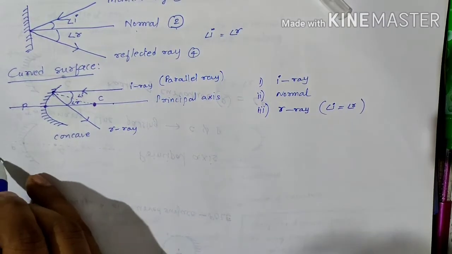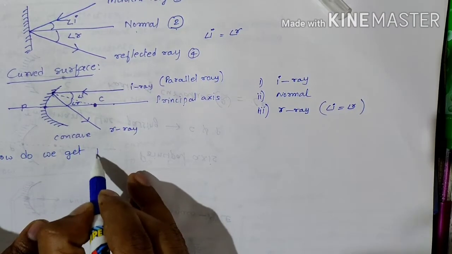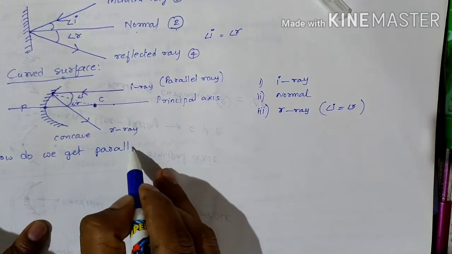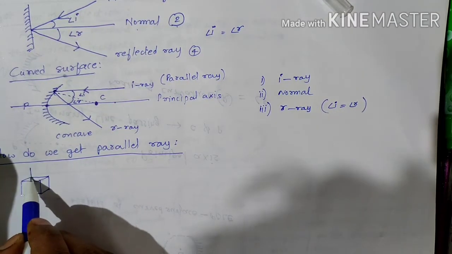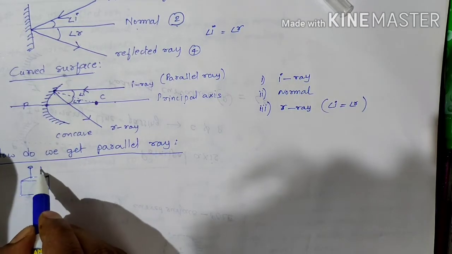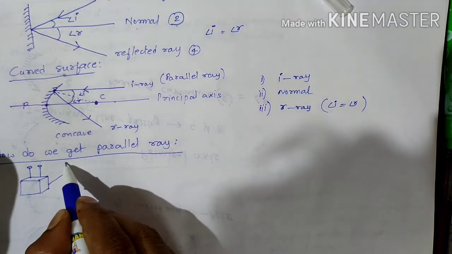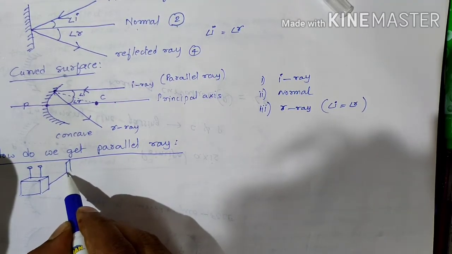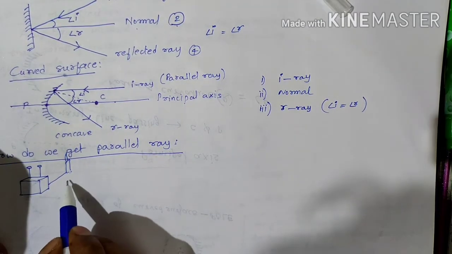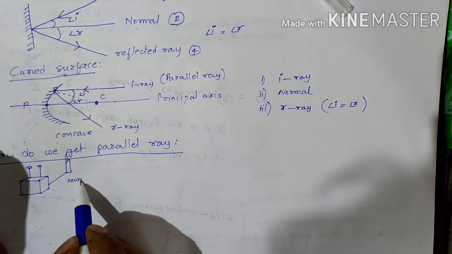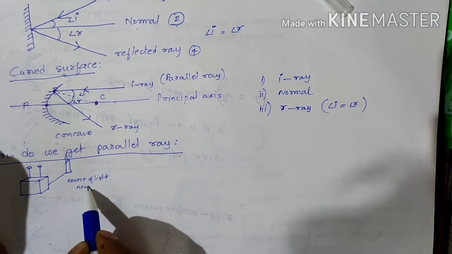Now another question: how do we get a parallel ray? This is a small block upon which I have put two pins, and behind this I have put a candle. Here the source of light is near.